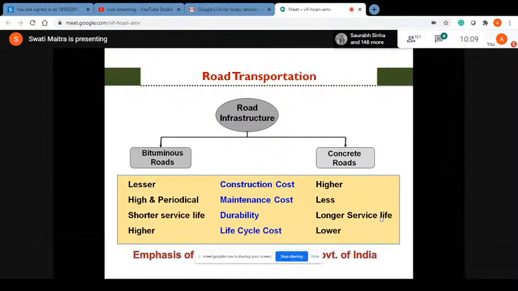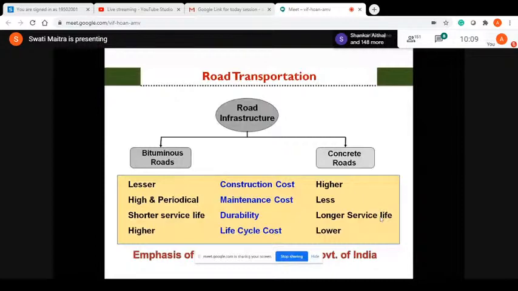So the maintenance cost is significantly high and periodical in the case of bituminous roads, whereas in concrete roads, the maintenance cost is relatively less. We hardly require any maintenance, and so the durability of this type of road is much longer as compared to conventional bituminous roads.